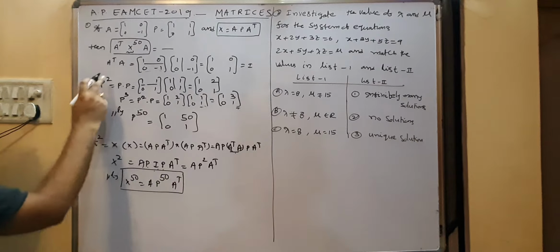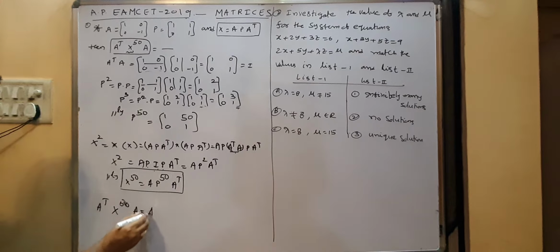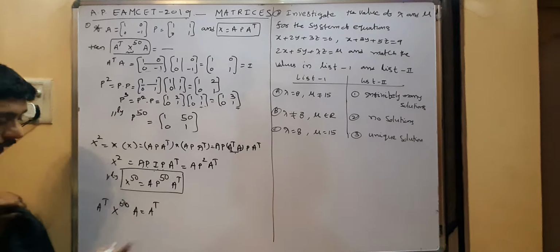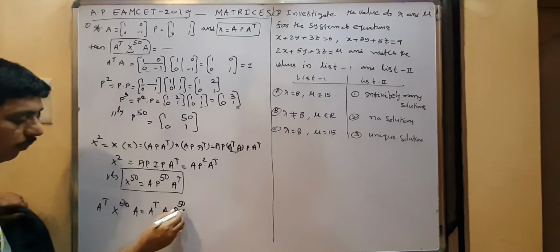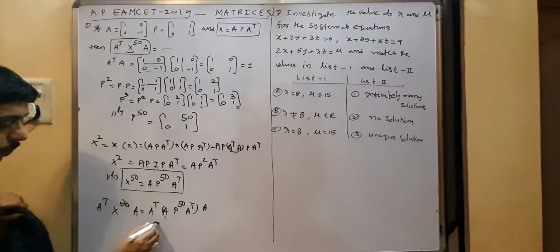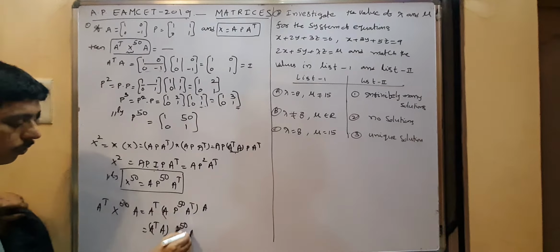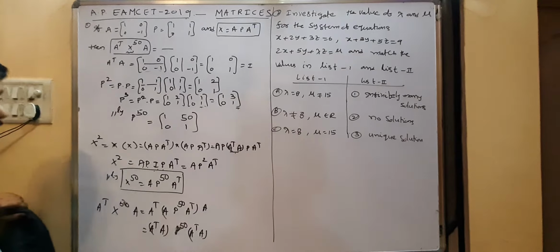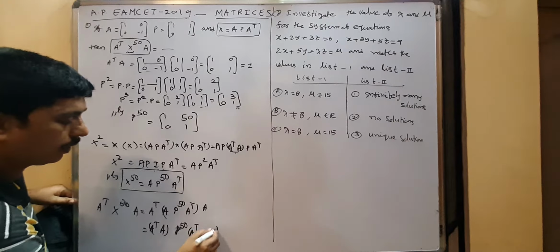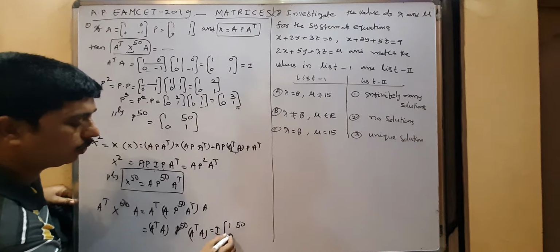But they ask in the question A transpose X power 50 into A. X power 50 means A into P power 50 into A transpose, and then A transpose into A. So that is A transpose A, P power 50, A transpose A. A transpose into A is I, so I into P power 50, that is 1 50 0 1.